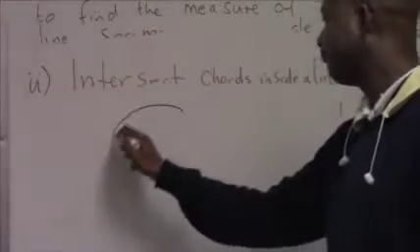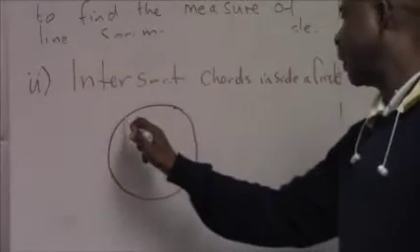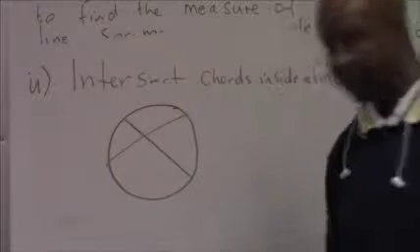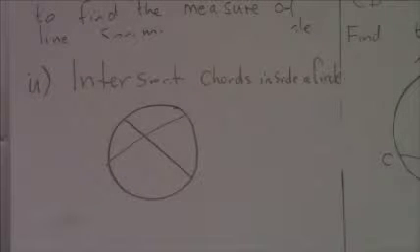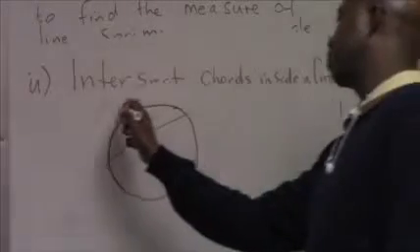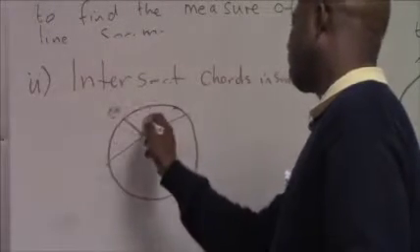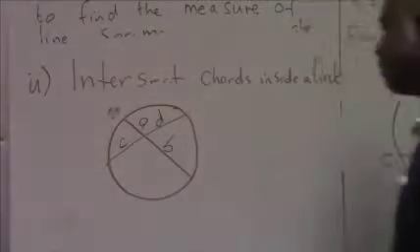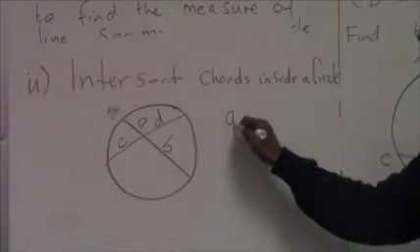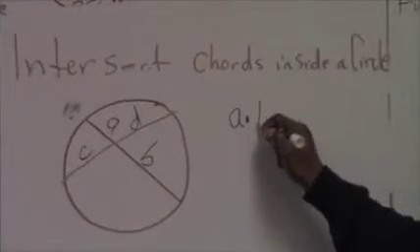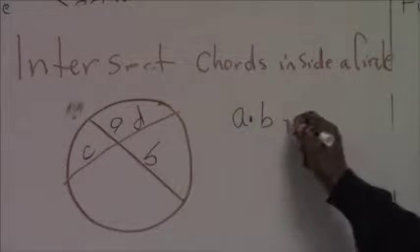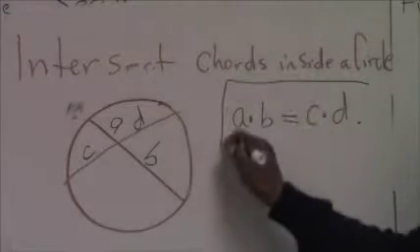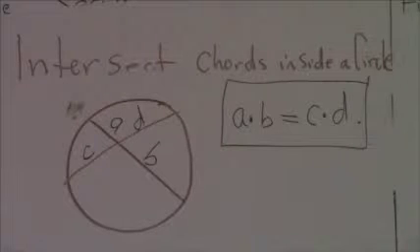Let's draw a circle and look at two chords. Let's label it. Let's say this piece is A, this is B, then this is C, and this is D. Then the product of the parts of this chord, A times B, must be equal to the product of the other one, C times D. Remember, the chords intersect in the circle.